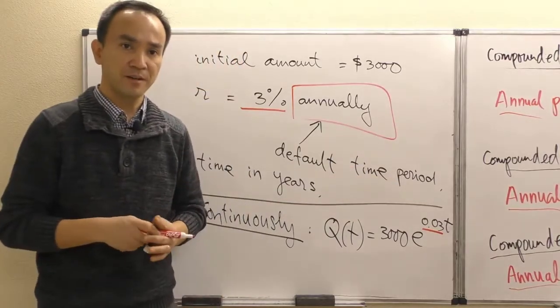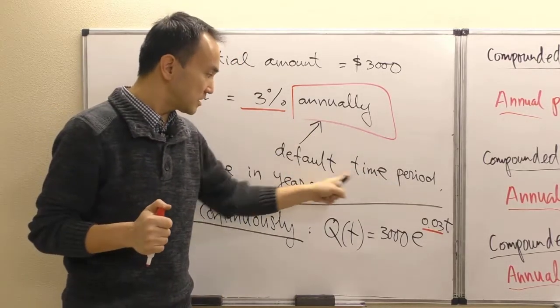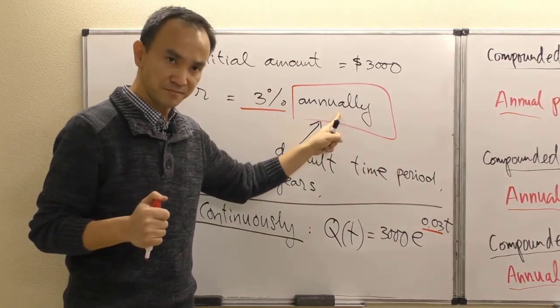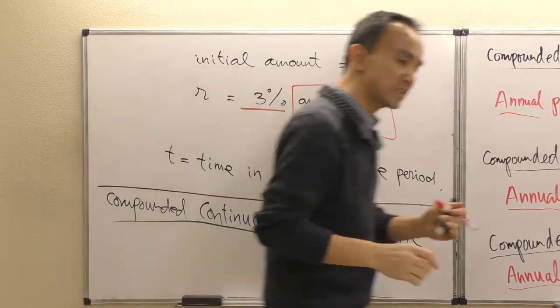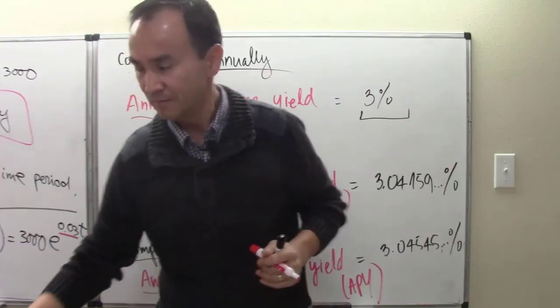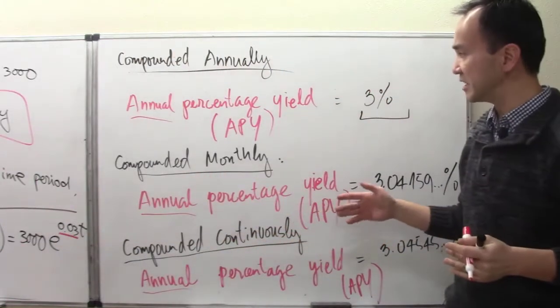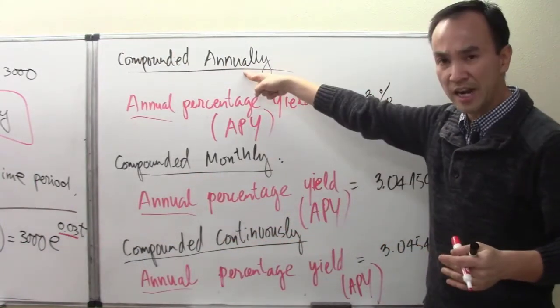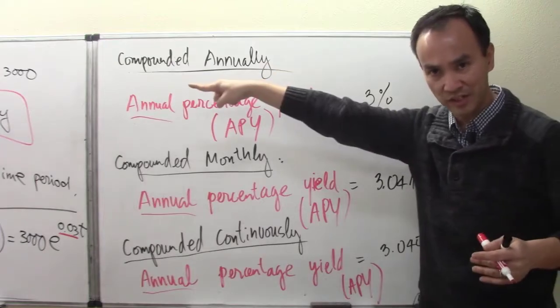In this default time period, it's a year, and when the default time period is a year, then APY for annual compounding is exactly the same as whatever is stated.